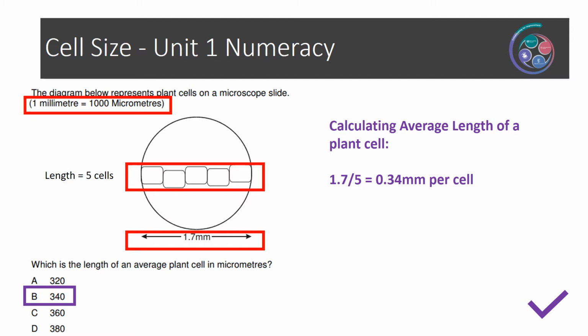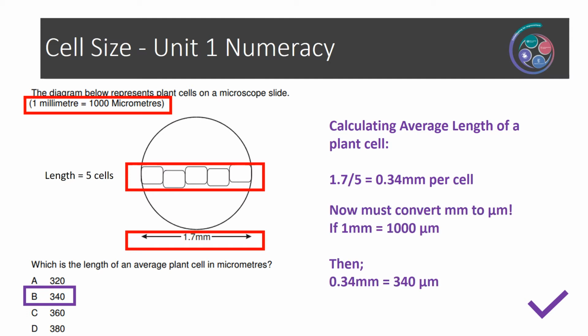Again, be careful to check your units here, as our answer is in millimeters, but the answer to the question they would like is in micrometers. So now we must use the conversion. We must now convert millimeters to micrometers, and if 1 millimeter equals 1000 micrometers, then 0.34 millimeters equals 340 micrometers. Then we can see that 340 matches up to answer B.